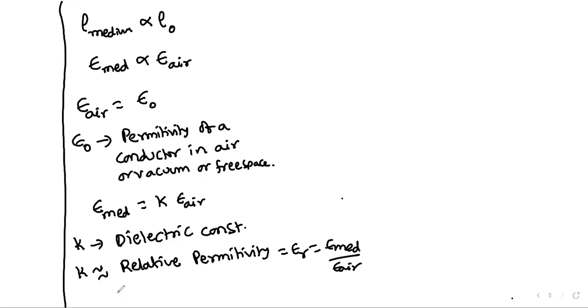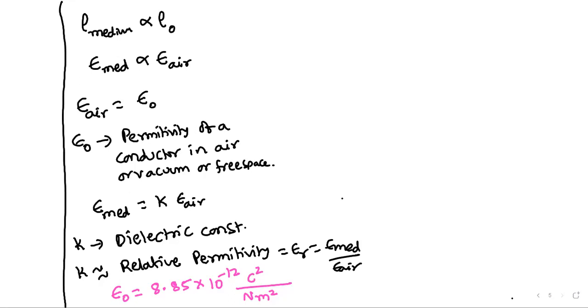Epsilon naught for any substance is a constant value, that is 8.85 times 10 to the power of minus 12 Coulomb square by Newton meter square.